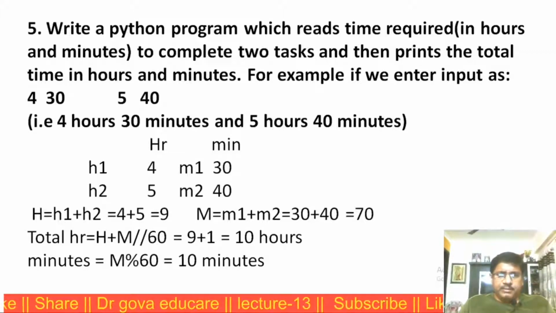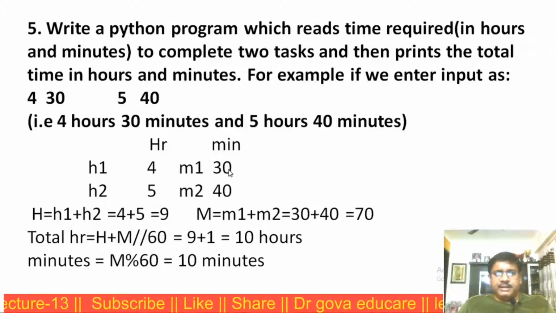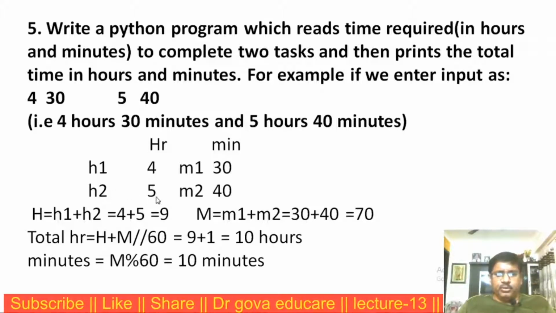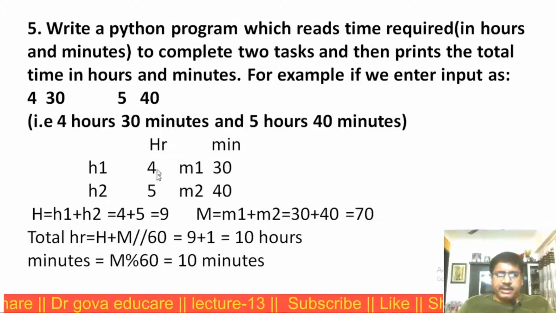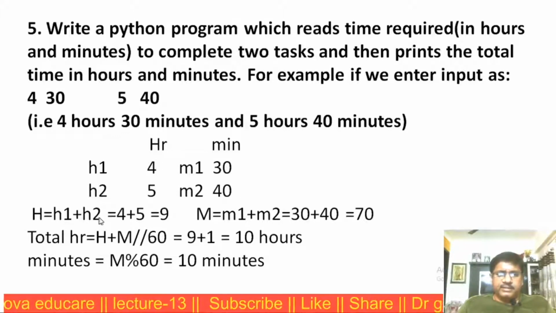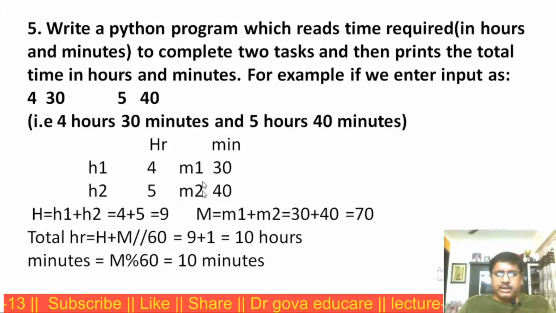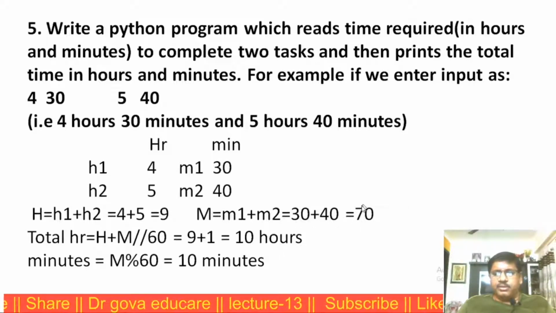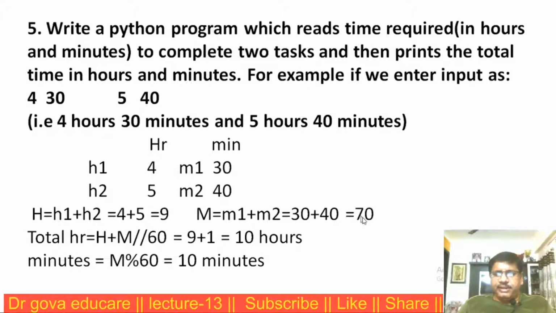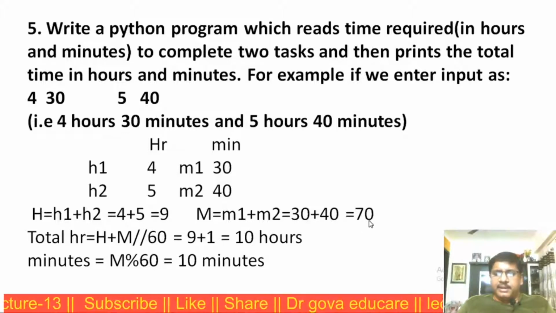Say for example, h1 is equal to 4 hours, m1 is 30 minutes, h2 is equal to 5 hours, m2 is 40 minutes. First I am calculating total hours, h is equal to h1 plus h2, 4 plus 5, 9. Now total minutes, m1 plus m2 is 30 plus 40, equal to 70 minutes. Now in 70 minutes, I want to separate hours and minutes.